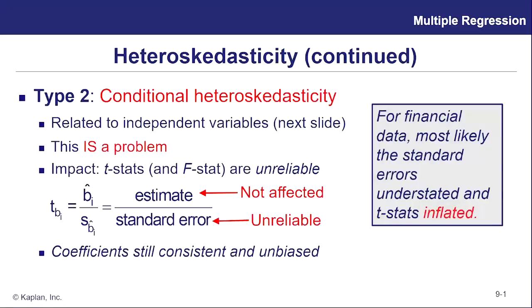It is not always a true statement, but in financial data, what we normally find is that the standard errors are understated, meaning too low. If standard errors are too low, then the T statistic is too high, and therefore you end up committing type 1 errors. But again, that is only an observation for financial data.